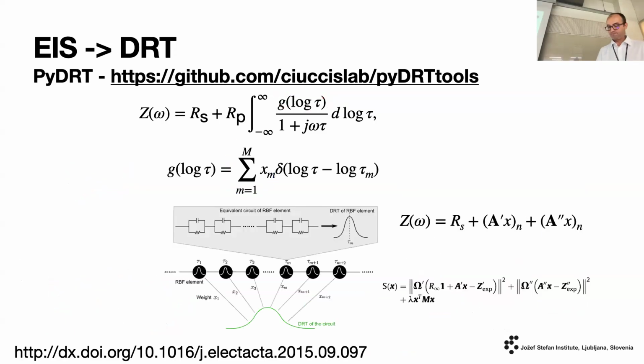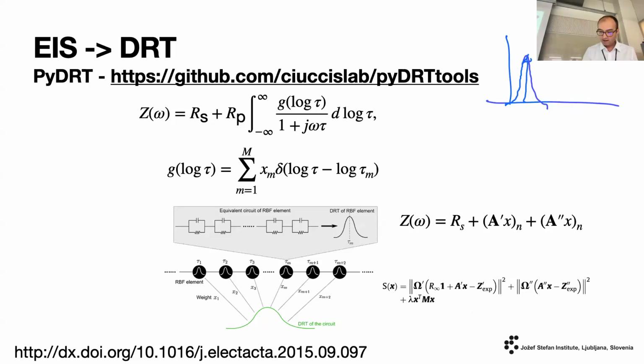So how does he do it? He assumes that each time constant is not a peak like this, but rather a kernel. It's a head function. When you open it, you will see that you have a choice of a Gaussian head, a skewed head, and a lot of different choices.